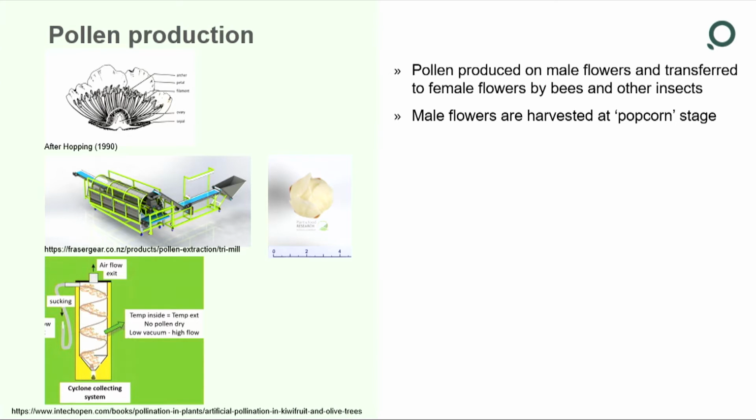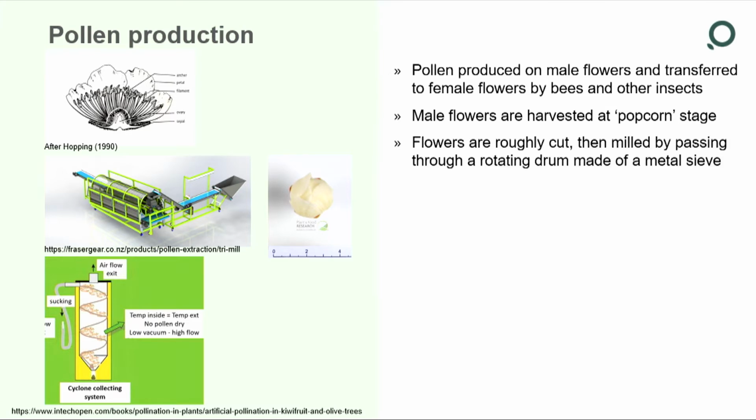So you can see the picture there of a kiwifruit bud just about to open, and that's the popcorn stage. The flowers are roughly cut, then milled by passing through a rotating drum made of a metal sieve. That's that green thing there. And then the anthers fall through the metal sieve onto a conveyor.